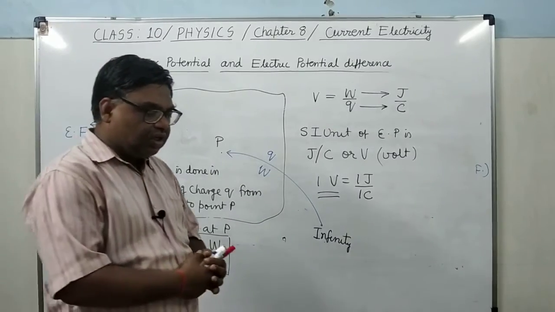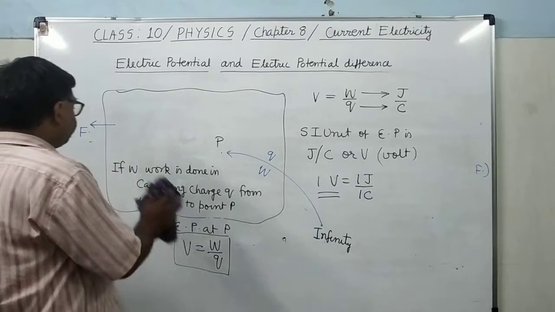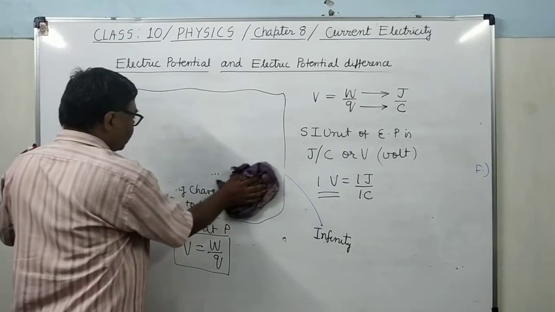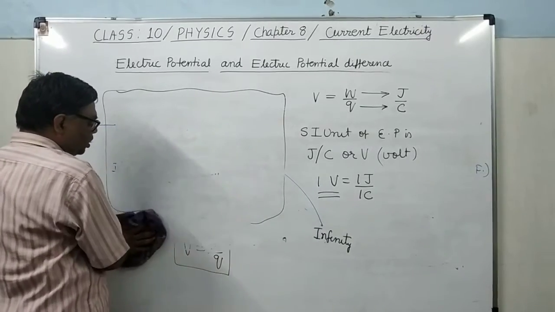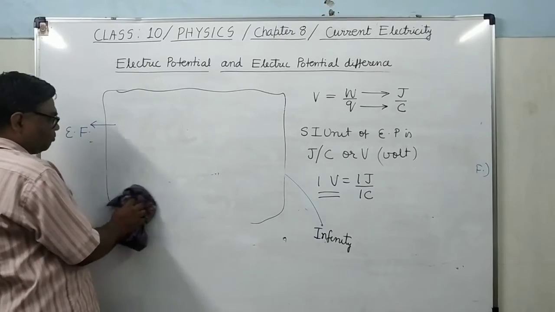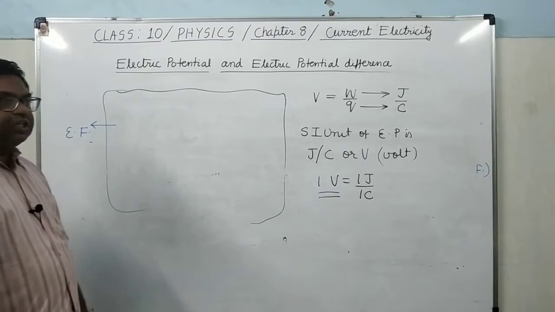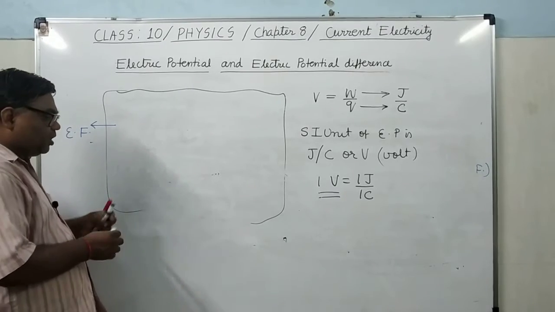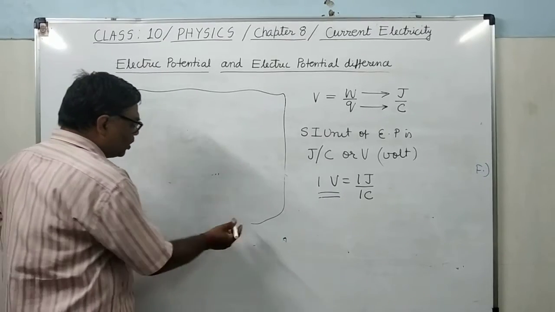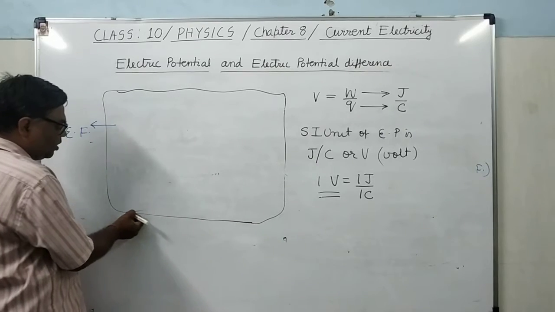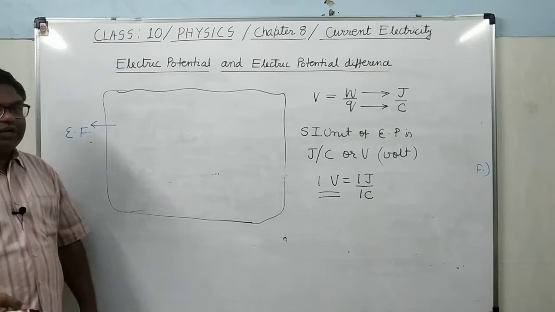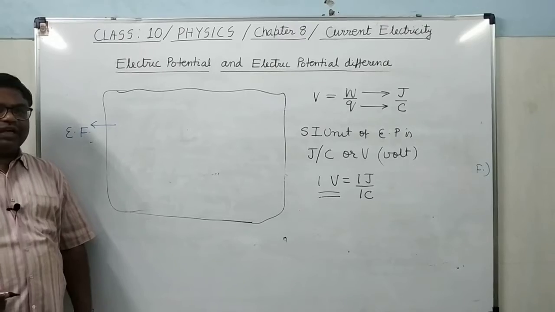Now see here, there is a term electric potential difference. How will you describe electric potential difference quantitatively? It is the property between 2 points situated within the electric field.